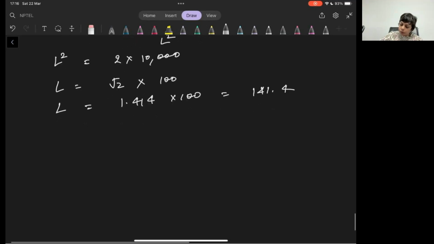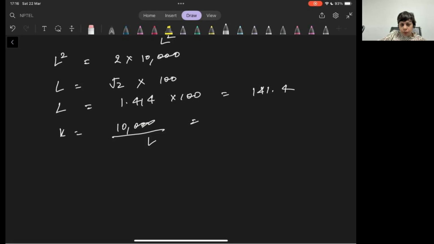Now you divide this and see whatever answer you get; ideally you should get the same answer.